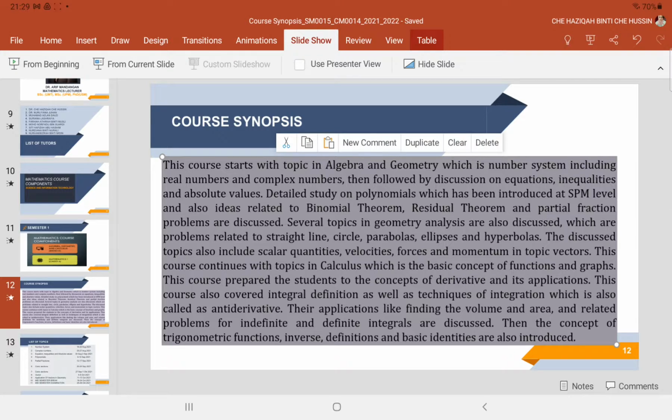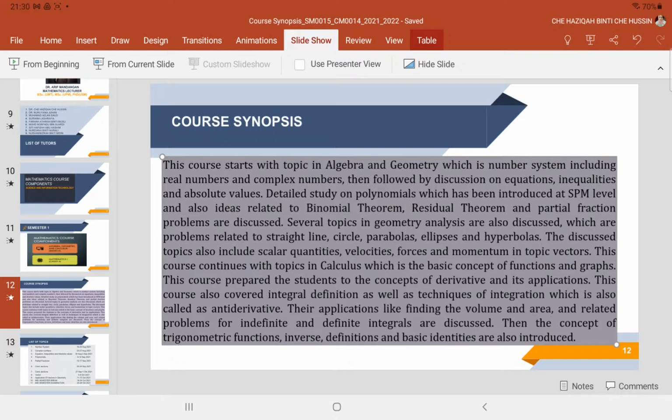Then this course continues with calculus, which is the basic concept of functions and graphs. The course also prepares students with the concept of derivative and its application, the topic of differentiation, and also integration, as well as the techniques of integration, and the application of integration, like finding volume and area, and related problems for indefinite and definite integrals.